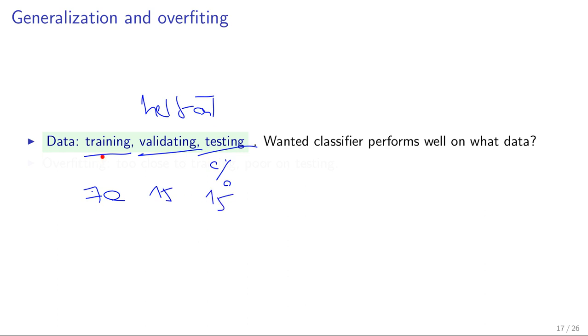So you take one classifier with one particular setting, let's say a polynomial of some degree, and you train. Then you validate on this. And then you try a polynomial of a different degree, and again you validate. So you can use this validation set to tune the hyperparameters, let's say the type of your classifier. And once you pick the best one, then you test on the testing set. Okay, so that's how it's usually done.